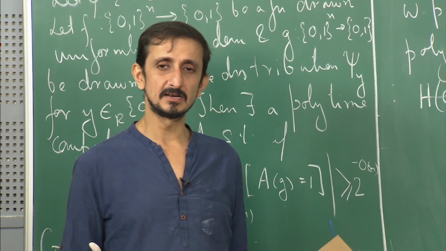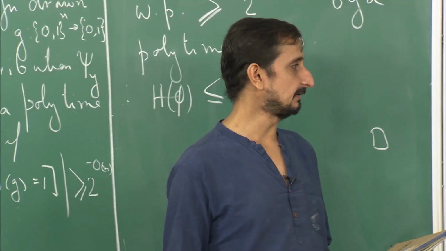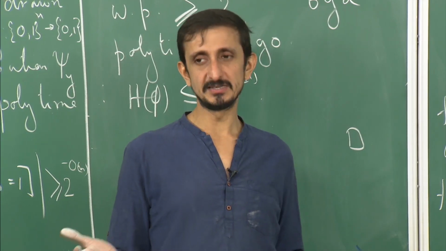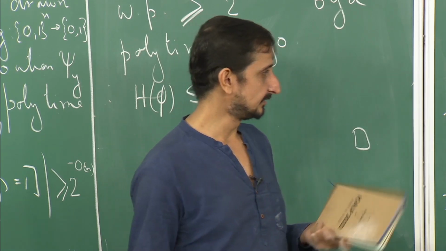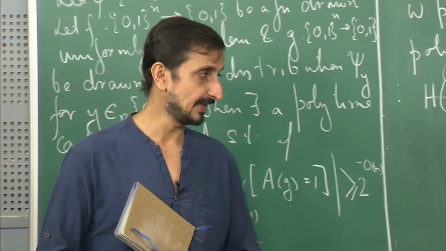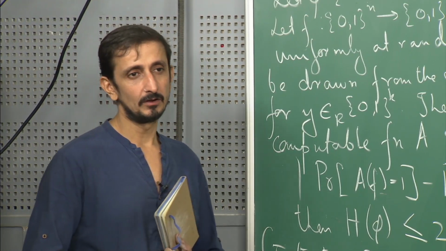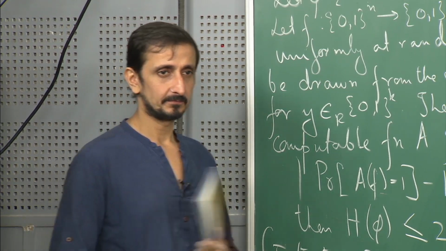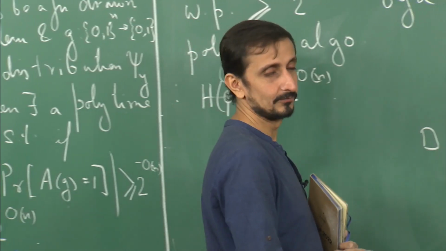All these results led researchers to believe that probably we can separate NP from P/poly, if not NP from P. But the natural proof barrier due to Razborov and Rudich showed that any natural proof will most likely not work. So that is a very brief overview of what we have done.